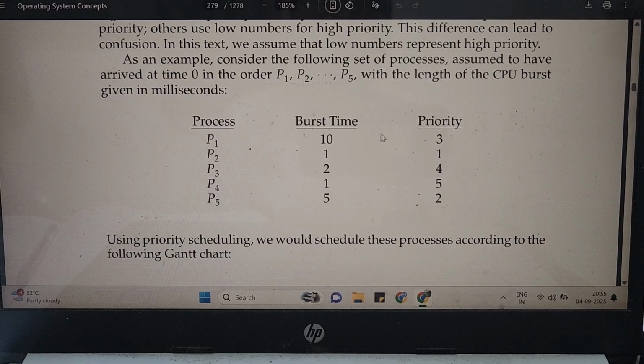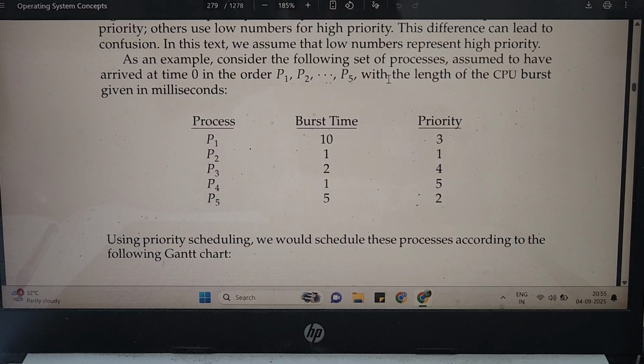So generally we assume the smaller the number, the higher the priority. So a priority value of 1 represents that this task must be done first. Priority value of 2 means this can wait a little bit. Priority of 5 means it can wait quite a lot. So the smaller the number, the higher the priority is the assumption we generally go with.